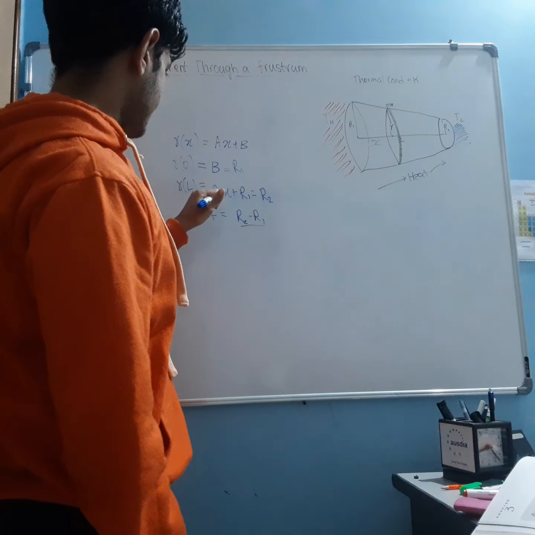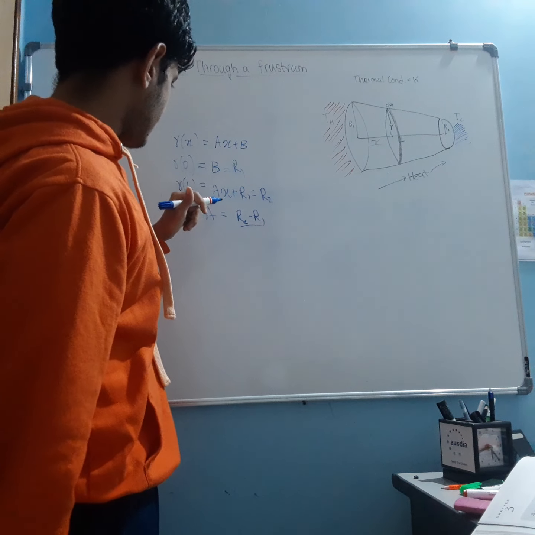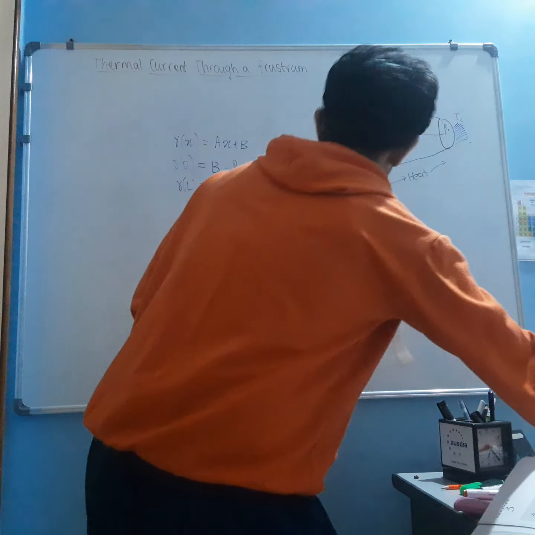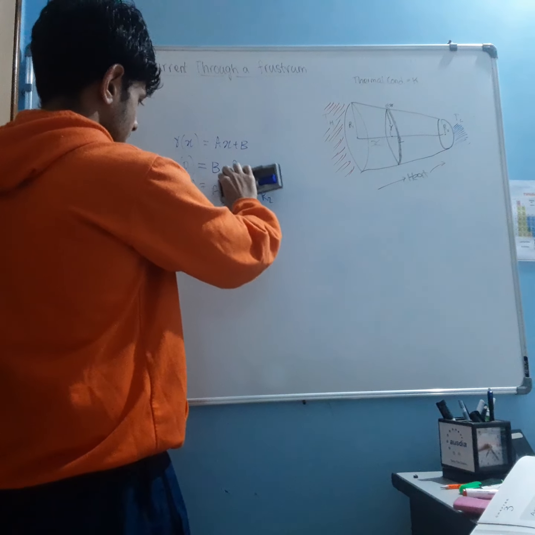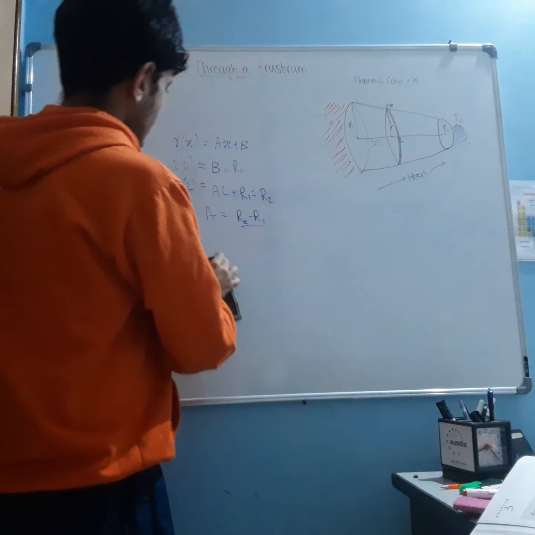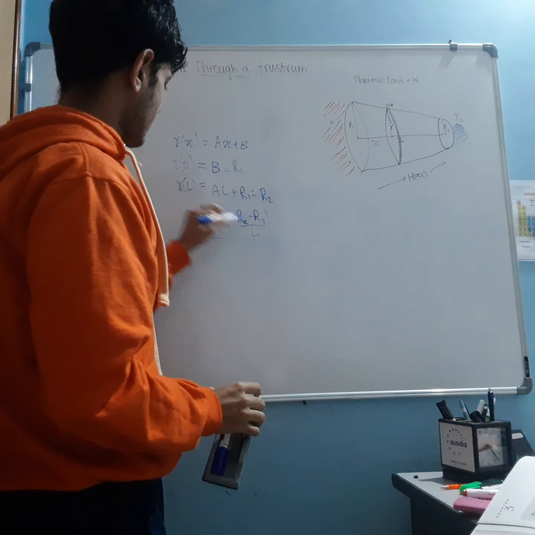Oh my bad, I should be substituting L over here. So aL plus R1 equals R2, and we have a is equal to R2 minus R1 over L.